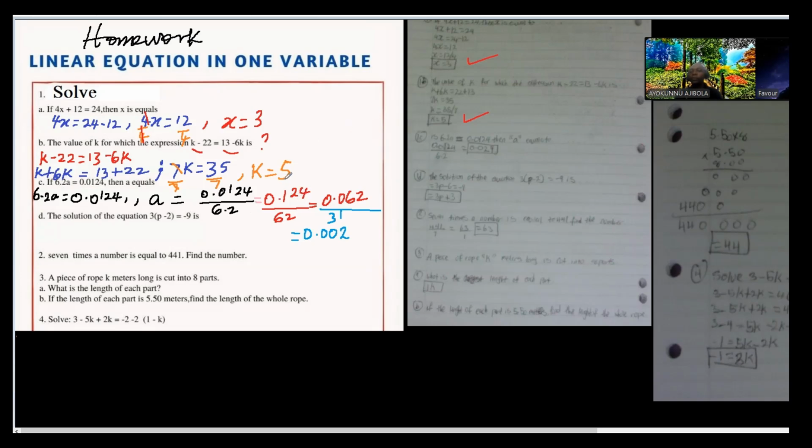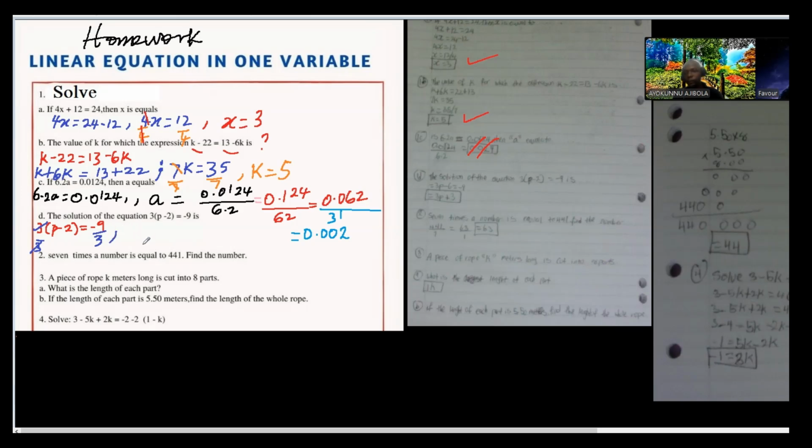So now the next one says, the solution to the equation is what? We have 3 into p minus 2 equals negative 9. Instead of opening the bracket and collecting like terms, divide both sides by 3 first, since 3 can divide the number at the other end.